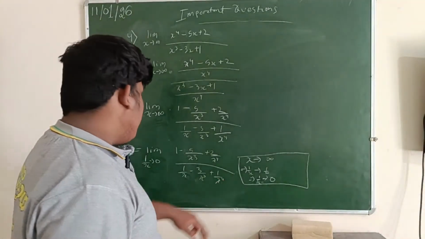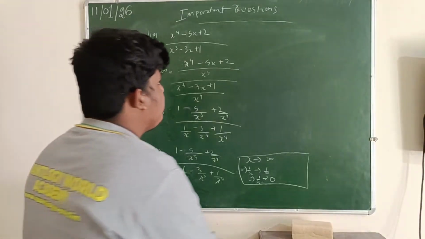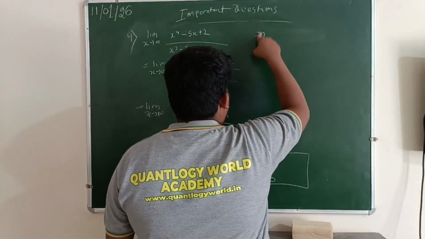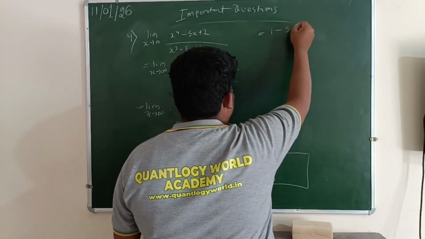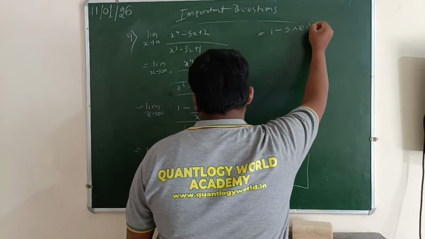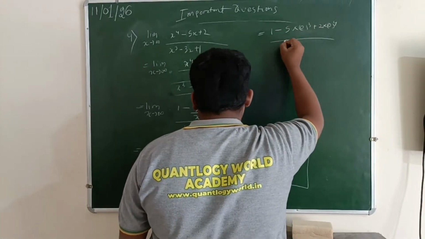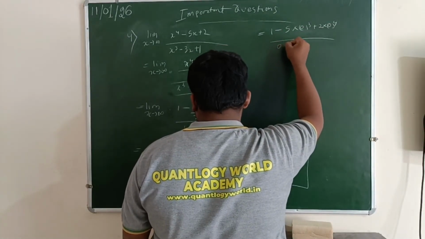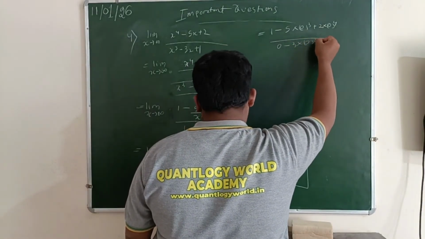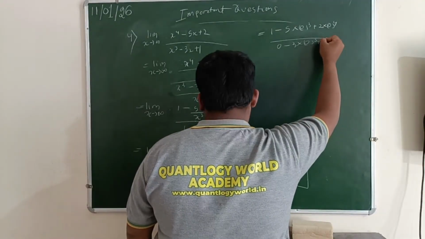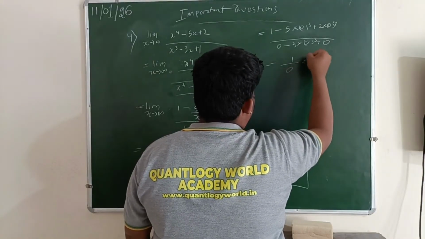So this is a step. Now we'll put the value of 1 by x, which is 0, in this equation. One minus 5 into 0 cube plus 2 into 0 to the power 4, by 0 minus 3 into 0 cube plus 1 into 0 to the power 4, which goes to 1 by 0, which is infinite.